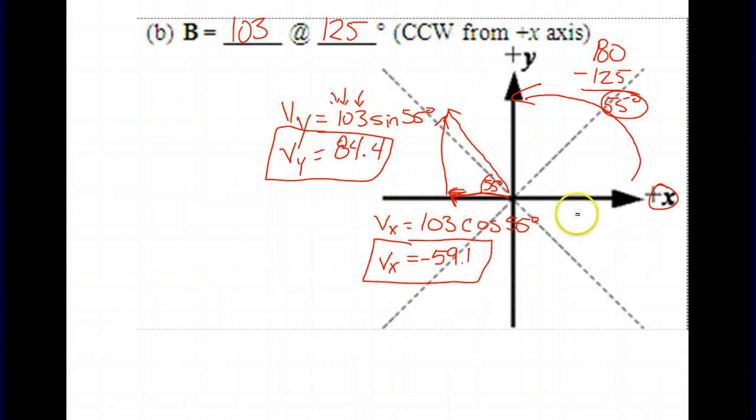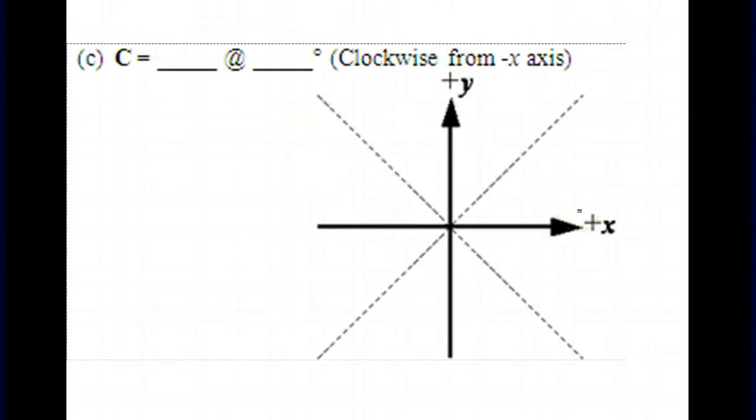And then going through that, you're just going to continue doing the same process for these. For C, I'm just going to give you the answers here, V in the x and V in the y. So the horizontal component on C should be negative 105, and the vertical should be 44.5.